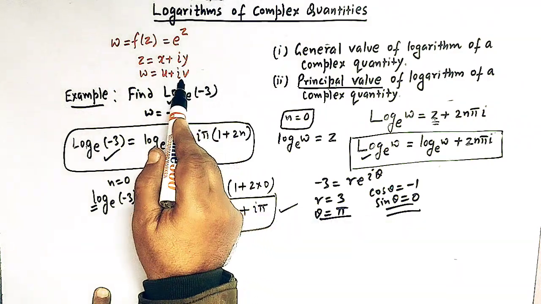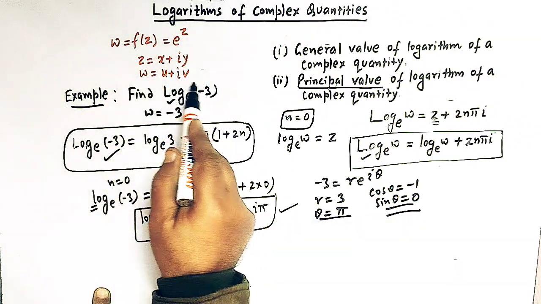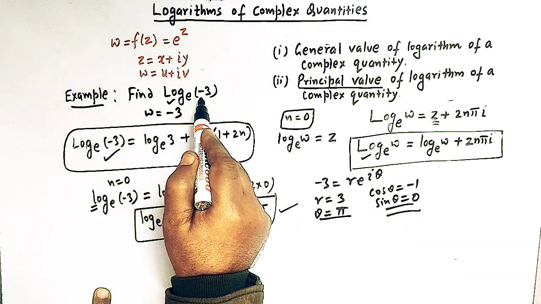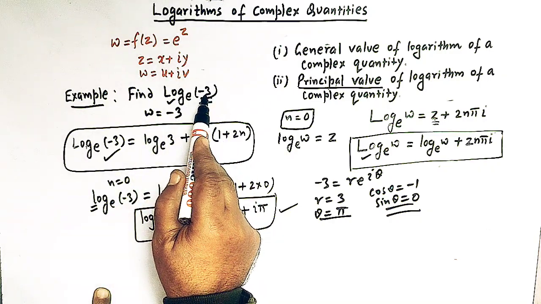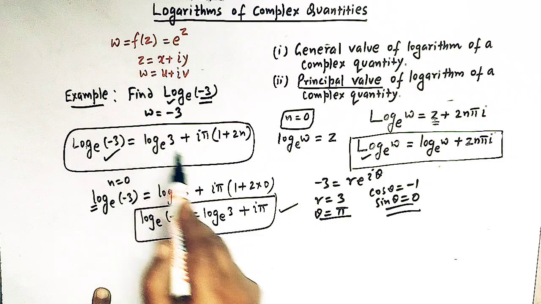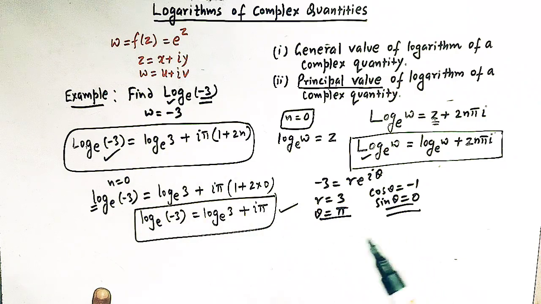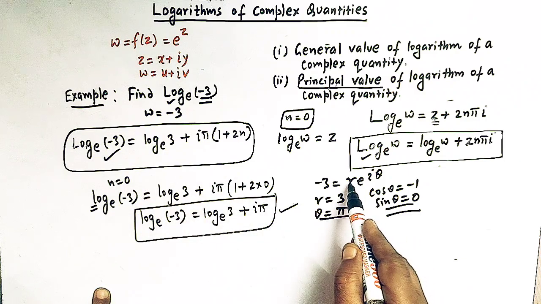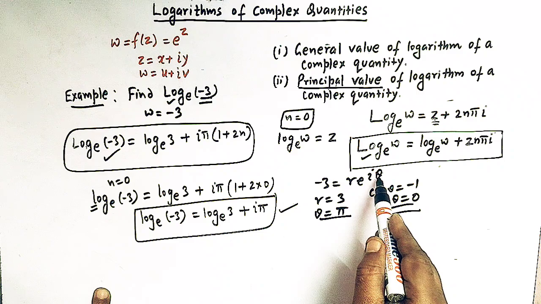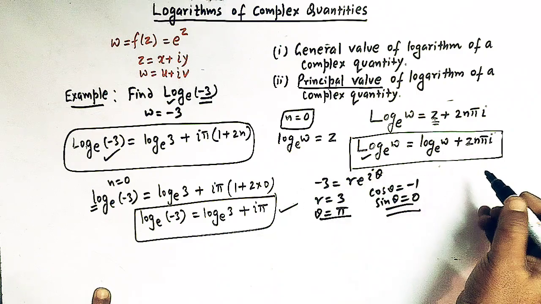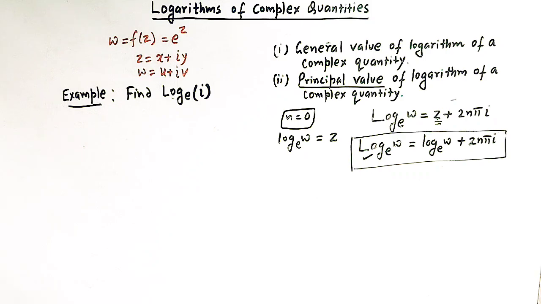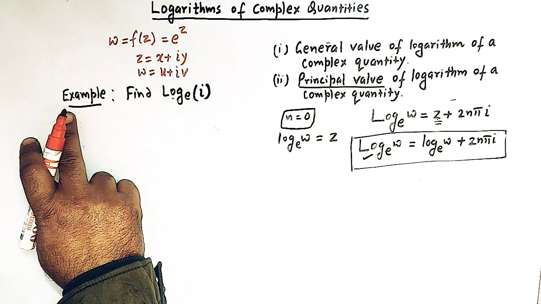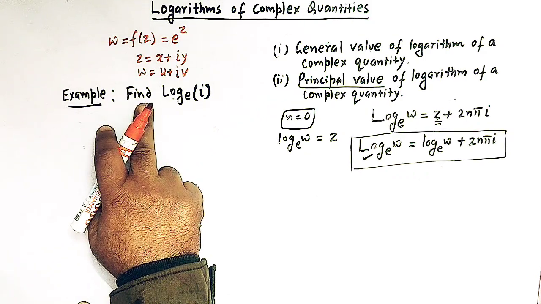So whenever we have to find out expressions of this kind, we first express this complex number w in polar form, and we get the value of r and θ, and then we proceed as per this equation.